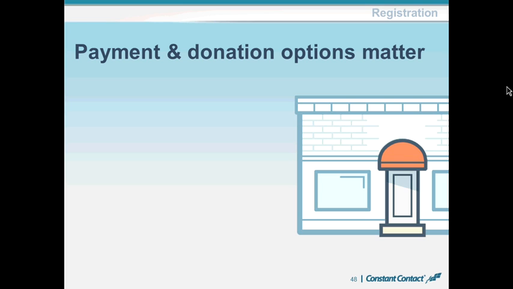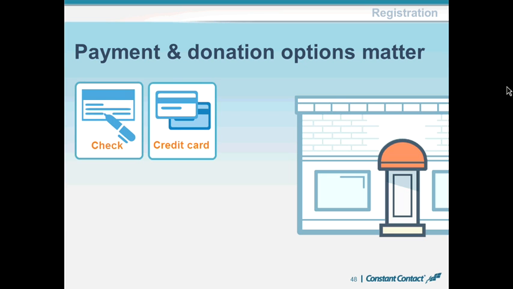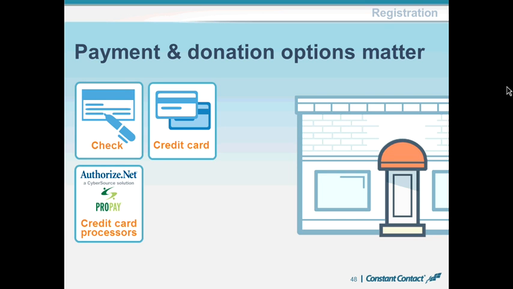It can offer different ways for invitees to pay for registration if you're charging for your event or make donations. Pay by check or credit card are common options. A lot of small businesses and nonprofits are using credit card processors like Authorize.net and ProPay to make credit card payments a seamless part of the process.